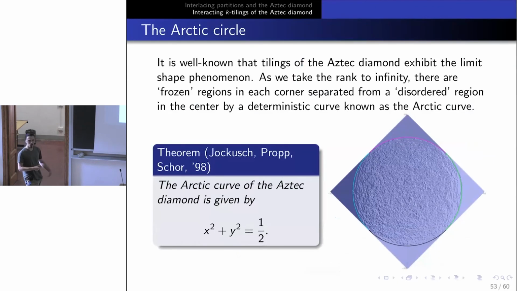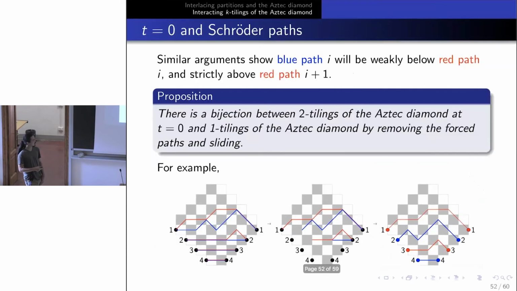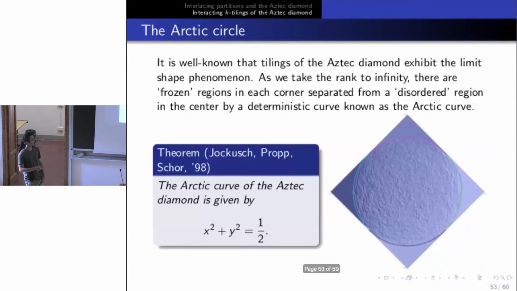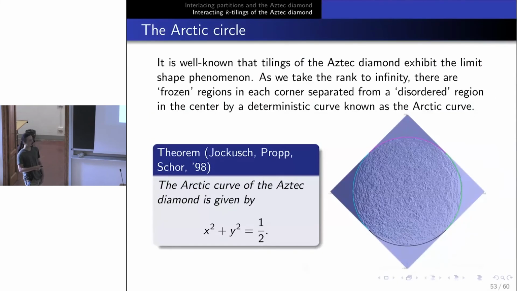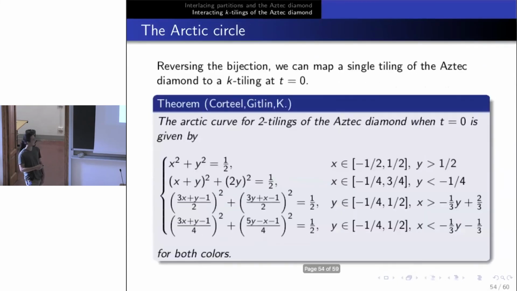So with this bijection, we can actually compute the Arctic curve for the 2 tilings, or I guess the k-tilings, when T is equal to 0. So we know that the Arctic curve for the 1 color Aztec diamond is just a circle. If we follow through this bijection in reverse, we can map what happens to the different components of the Arctic curve.